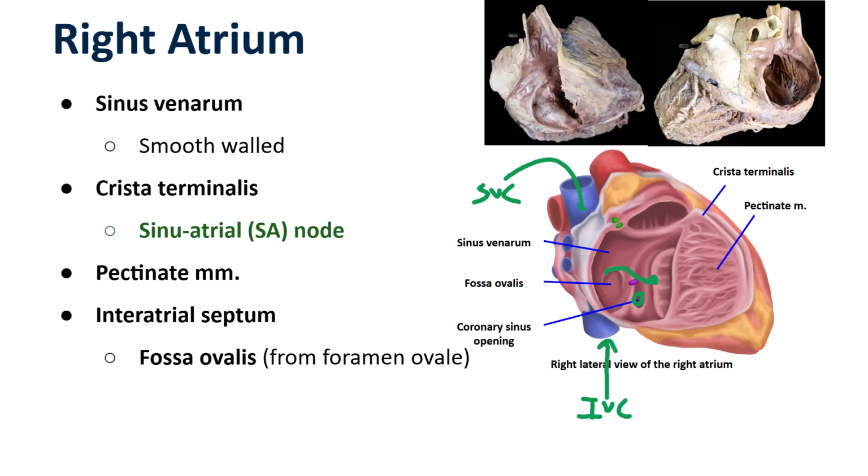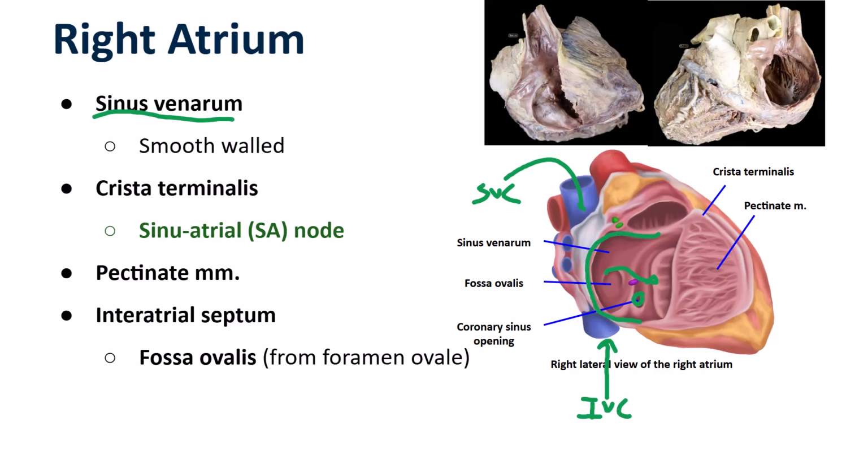Now, it's interesting that the blood is received in an area of the right atrium called the sinus venarum. That is basically the space of veins. And the hallmark of this space is that it is delightfully smooth-walled.